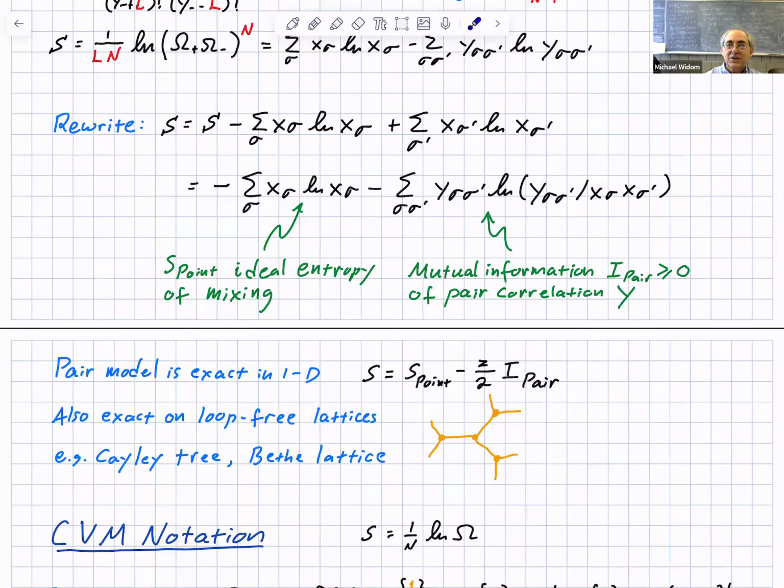And here, this generalization is a mean field theory. It is again exact in one dimension. It is a generalized mean field theory.